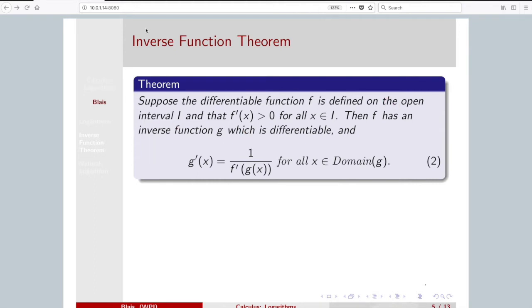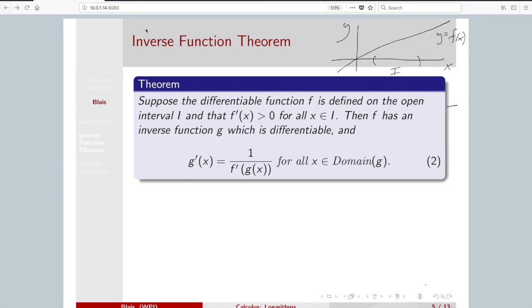So let's think about the way the theorem is stated. We'll think about it graphically as we go. This is telling us we have a differentiable function f defined on some open interval I, and f prime of x is positive for all x in that I, which means that at any x, the tangent line has a positive slope, which means the function is increasing over that interval.